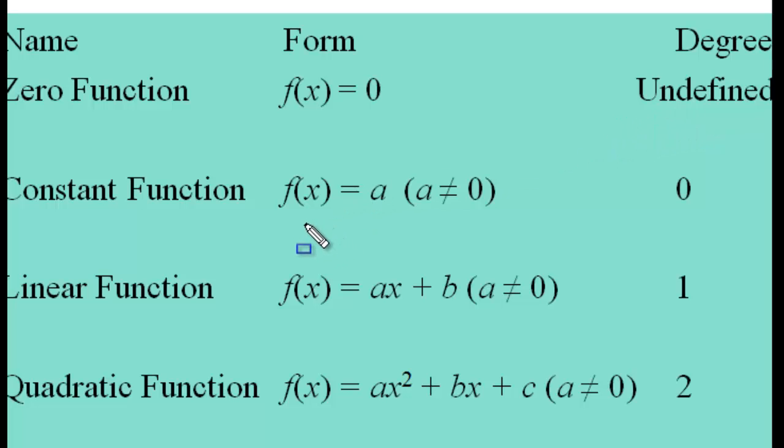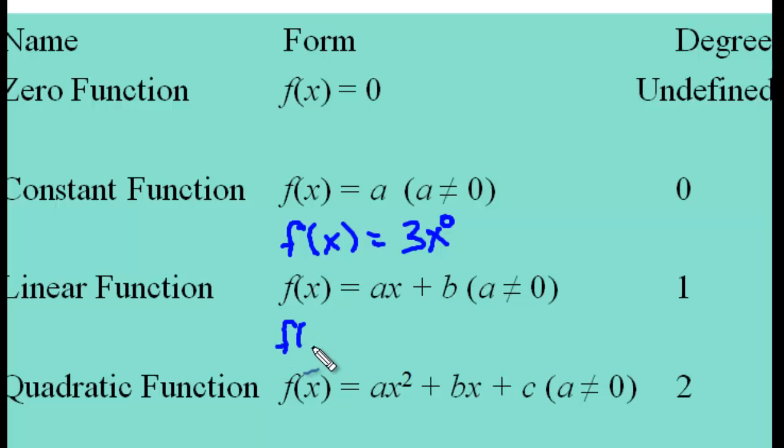We have a constant function, f of x equals a. For example, f of x equals 3. It's a constant, it doesn't change, and the degree is 0 because we could have 3x to the 0 in that case. A linear function is f of x equals mx plus b.